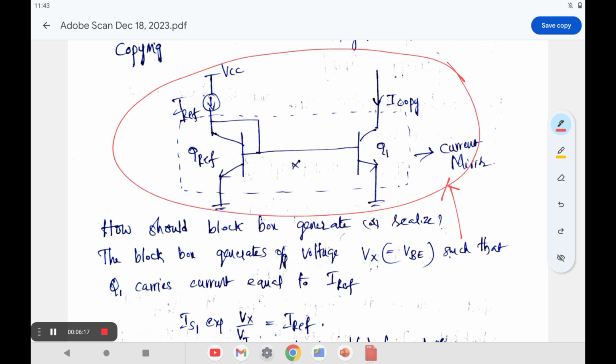Suppose you take a mobile device, a cell phone. The cell phone's performance is very common from place to place. Whether you use it at minus 1 degrees centigrade or minus 20 degrees, you will get the same kind of performance from the mobile. Otherwise, the mobile is a failure device.